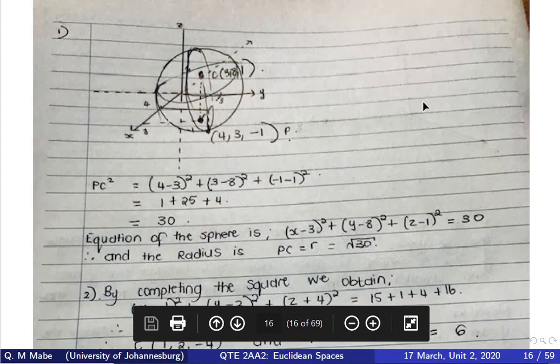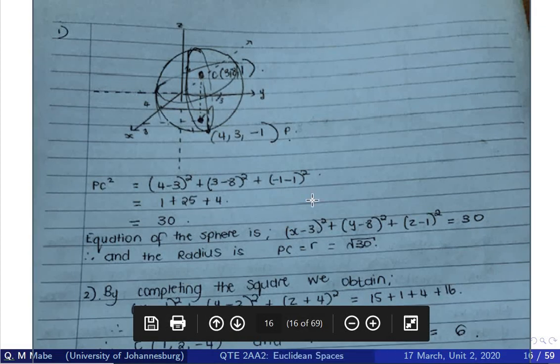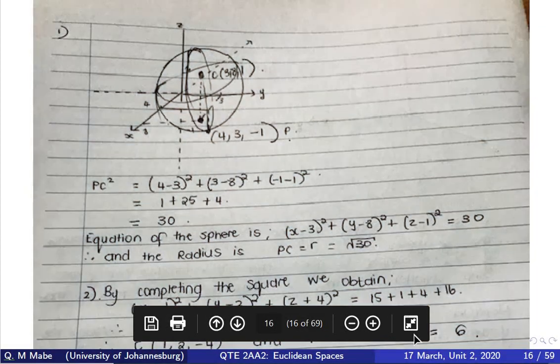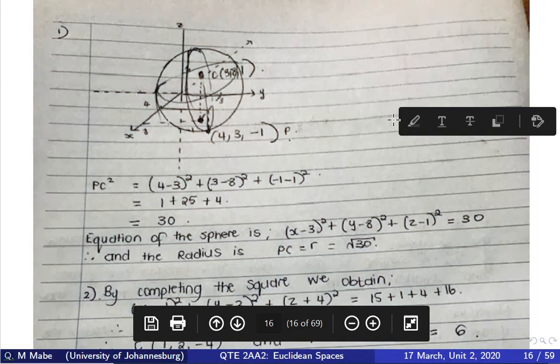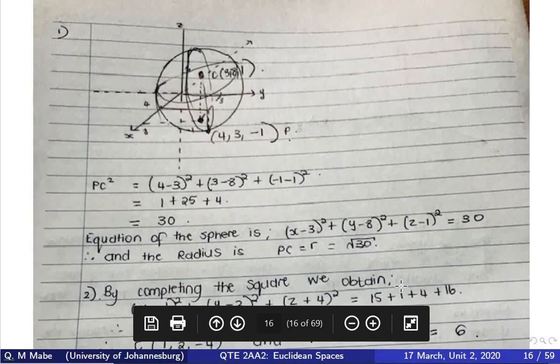And then with regards to number 2, we need to complete the square again in order to find the equation of our sphere.